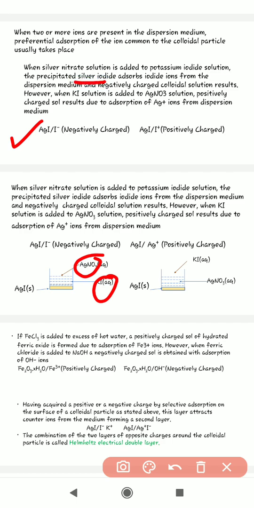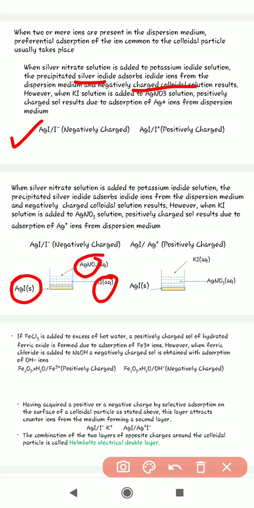The precipitate forming there is silver iodide. So silver iodide adsorbs iodide ions from the dispersion medium and a negatively charged colloidal solution results. So a negatively charged colloidal sol will be forming.